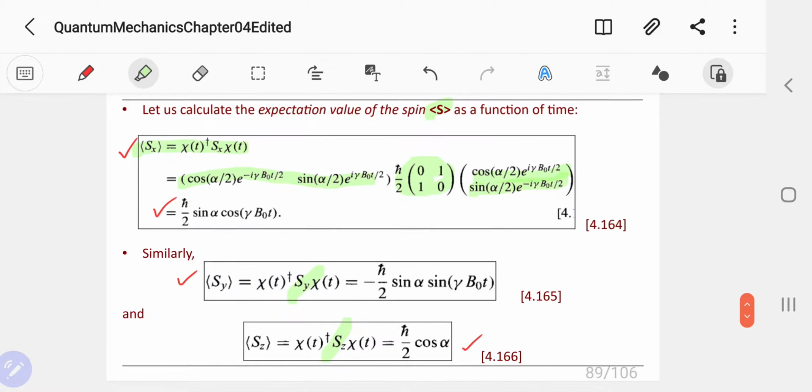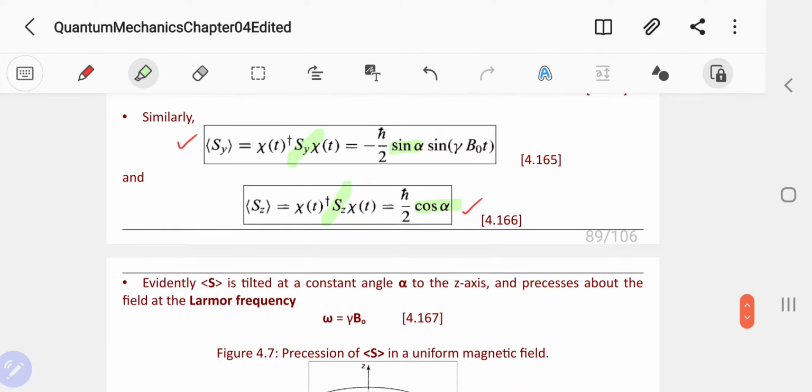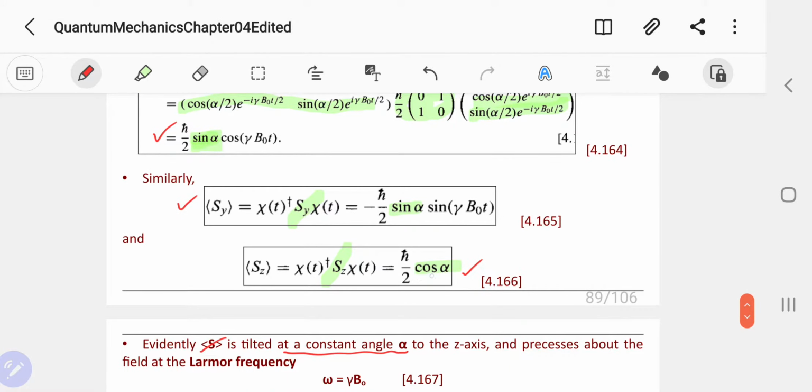So here you can see that the expectation value of the x component of S has this term, and also for Sy you have this term, and for Sz you have that term. So evidently S is tilted at some constant angle alpha to the z-axis. Look at the z, you have cosine alpha here.